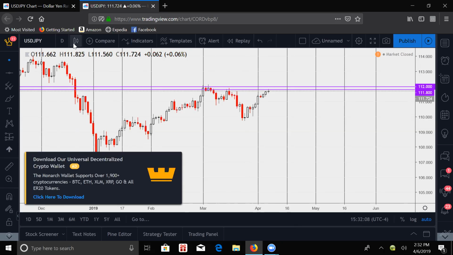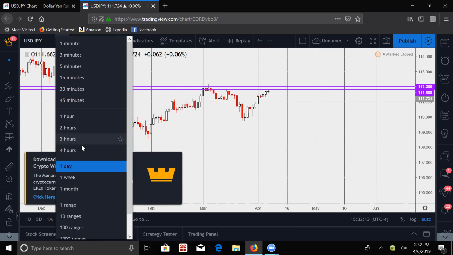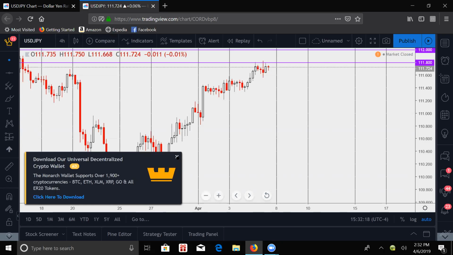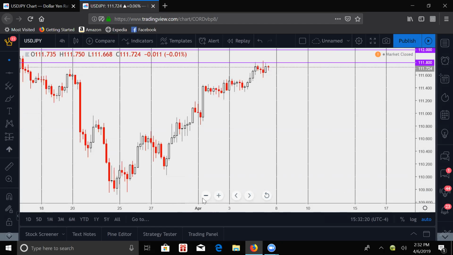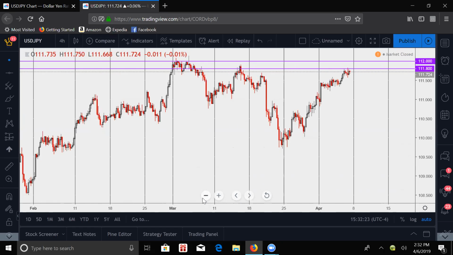So that'll be my resistance area for now, unless price breaks this area. I don't think price is really going to break it. I believe price is going to be rejected from this area, but I could be wrong. You're never guaranteed. Anything's possible.